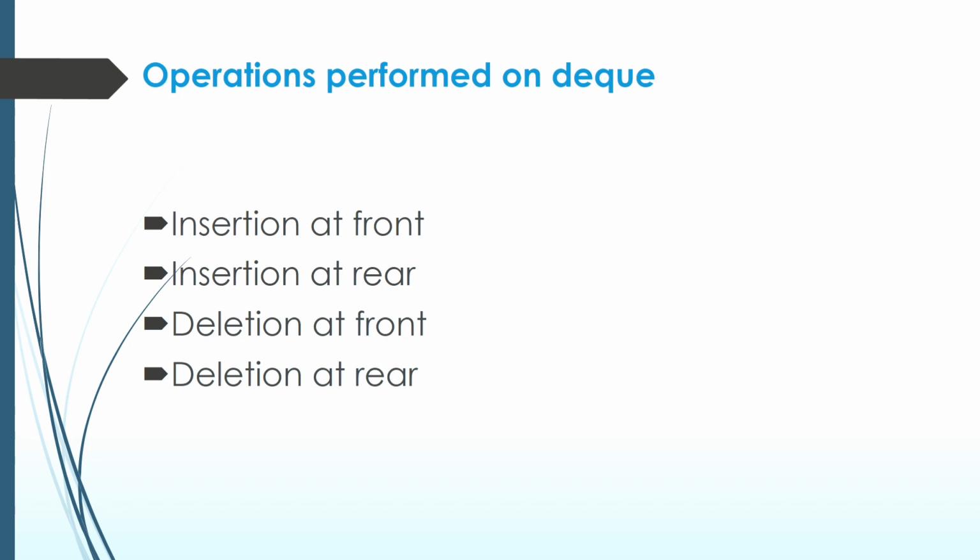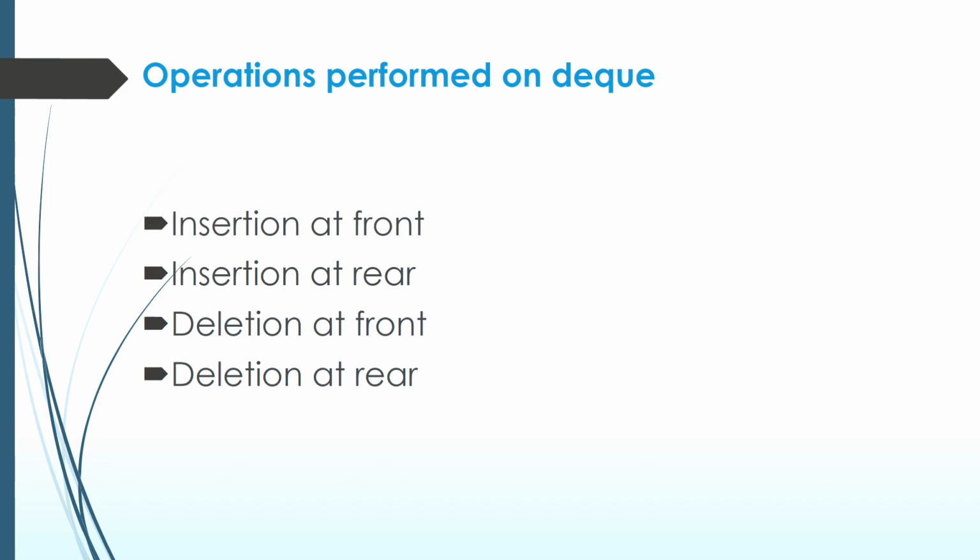Then the insertion at the rear end. In this operation, the element is inserted from the rear end of the queue. We first have to check again whether the queue is full or not before implementing the operation. If the queue is not full, then the element can be inserted from the rear end as well.